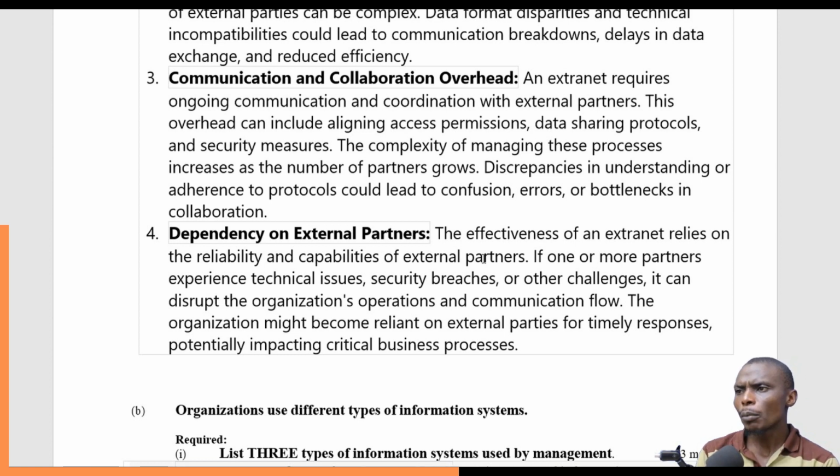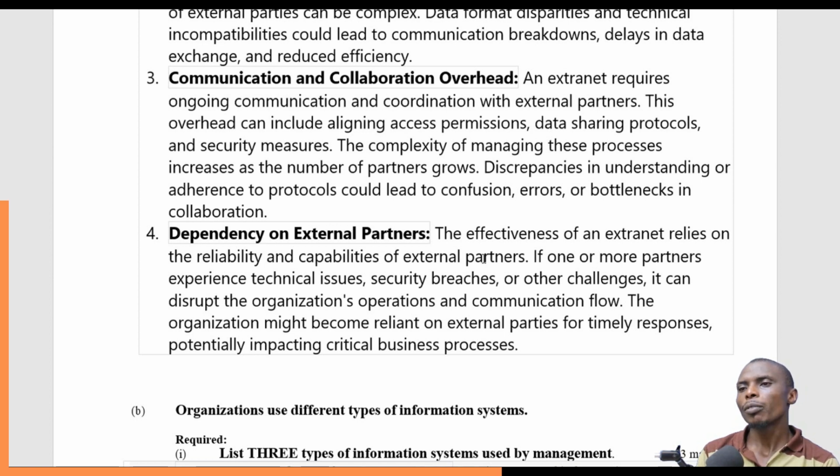So the complexity of managing these processes increases as the number of these partners grows. So these protocols could sometimes be broken or be breached by these partners, and it leads to confusion, error. It could lead to some bottlenecks in collaboration.